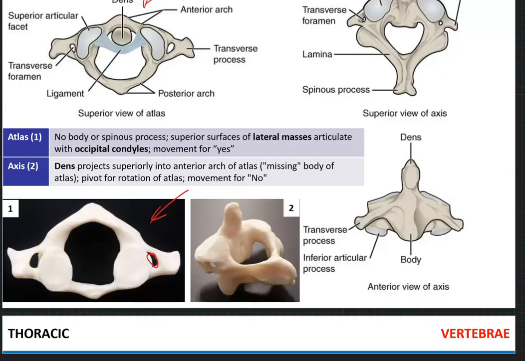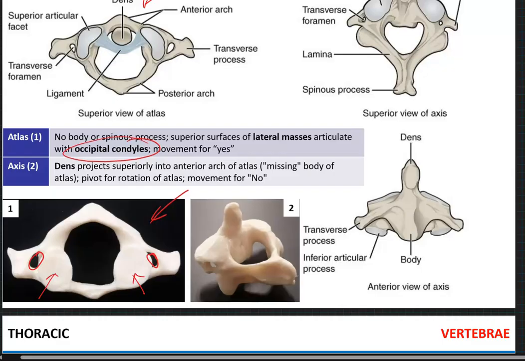You can clearly see the transverse foramina, but you can see that it has no body. Body should be here, and it's not. Also, it doesn't have a really clear spinous process. These surfaces, called lateral masses, articulate with occipital condyles.